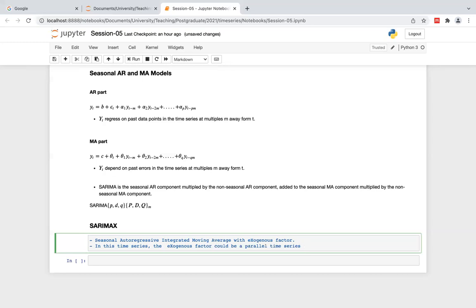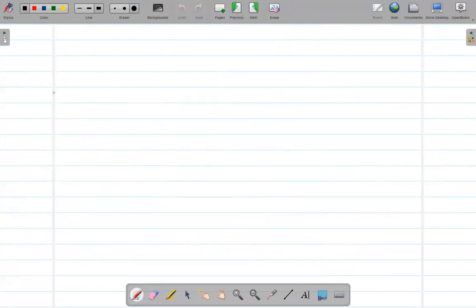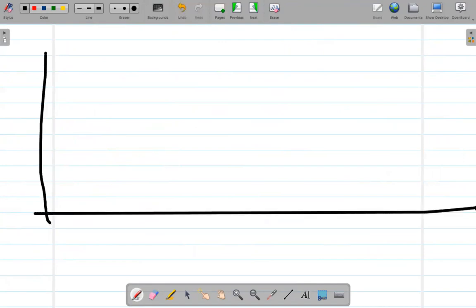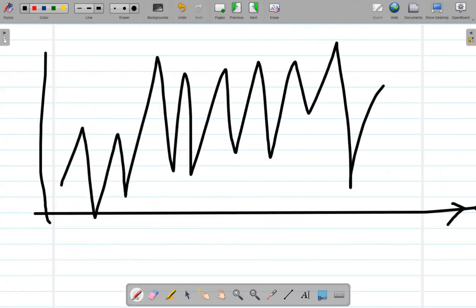For example, suppose stock price. If we consider stock price as a time series, what happens usually? It is highly fluctuating, like this.